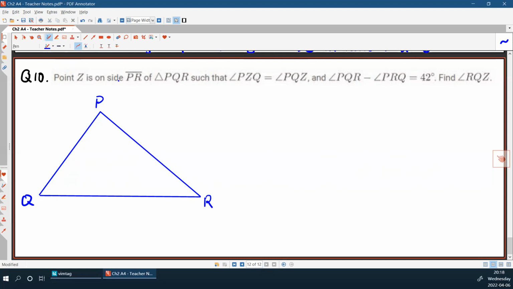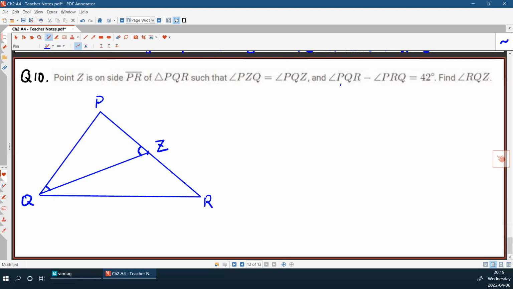Then point Z is on the side PR of PQR. So let's say this is point Z. Then such that PZQ, so we need to connect these 2 points, right? Such that PZQ, which is here, equals PQZ, which is the angle here, right? So basically, these 2 angles are equal.